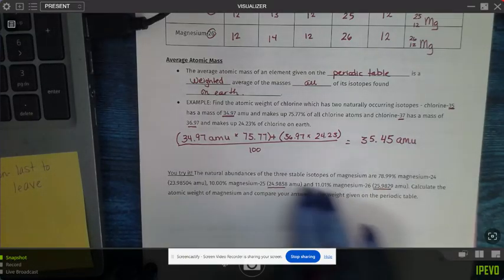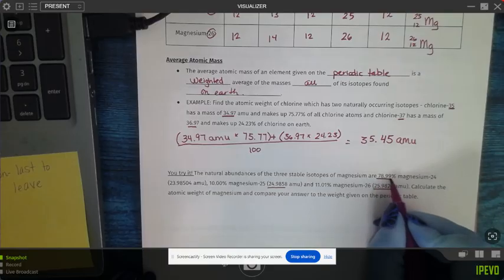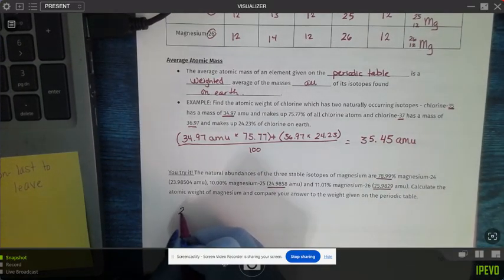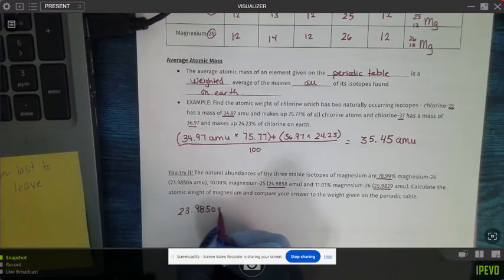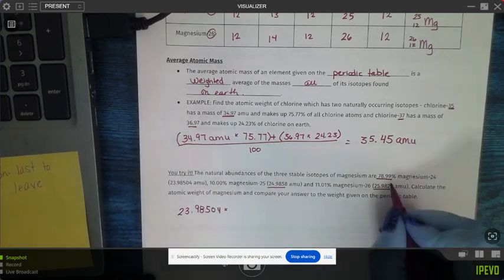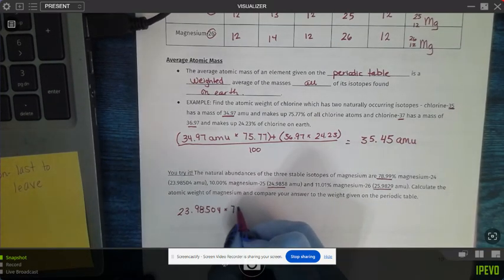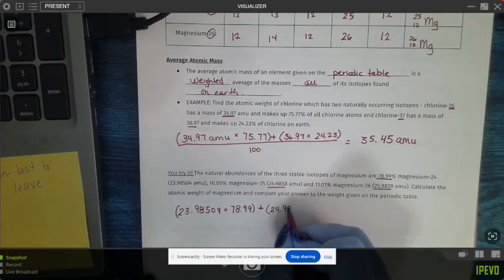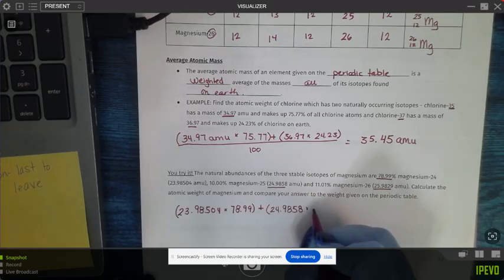So this says that magnesium-24 has a mass of 23.98504, lots of sig figs, and the natural abundance of that is 78.99%. I'm going to add that to the second isotope, which has a mass of 24.9858 times 10%.